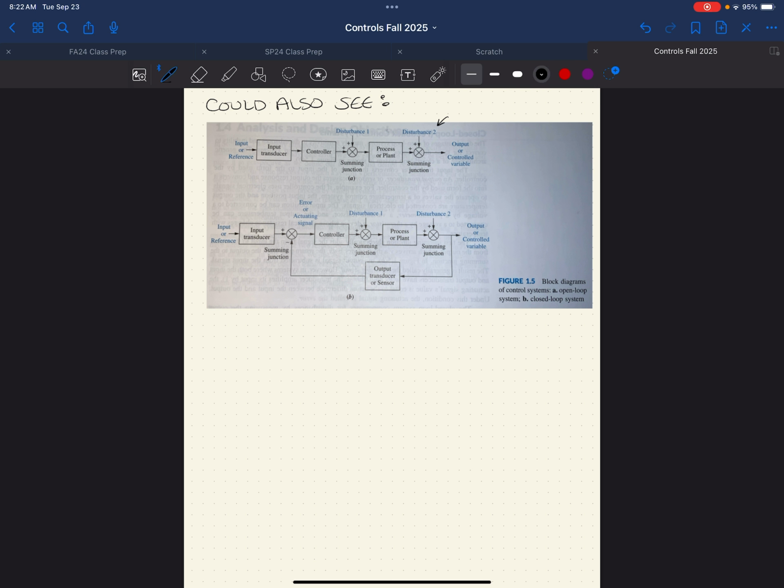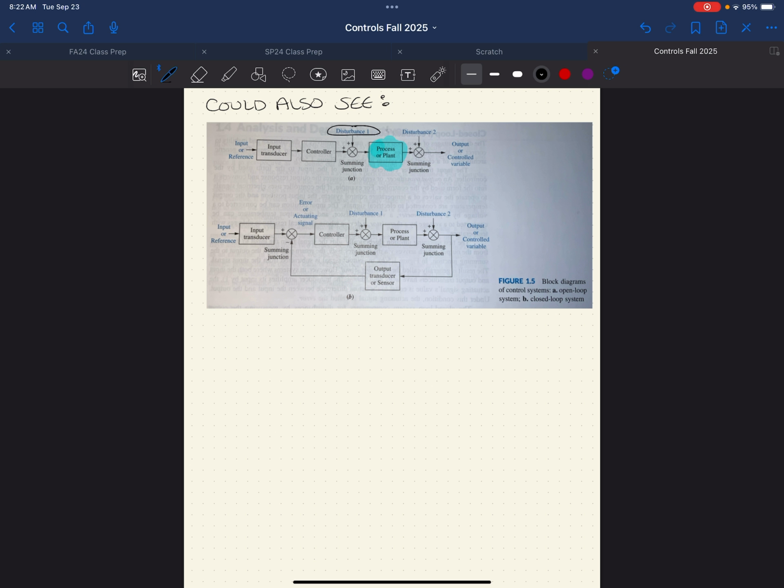All right. And we can have disturbances both before and after the plant. It all depends on the type of signal that represents your disturbance. So, for example, if this plant block is a mass spring damper system, the disturbance before the mass spring damper system is like the input to our mass spring damper, which is usually forces.